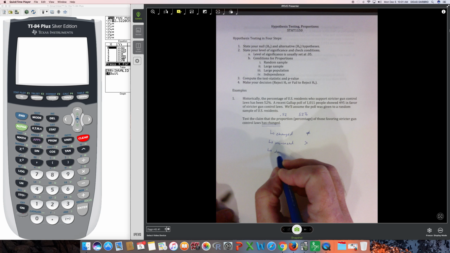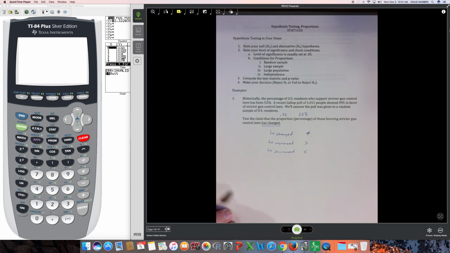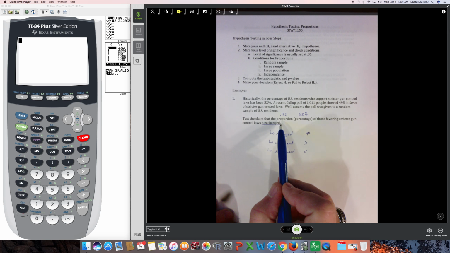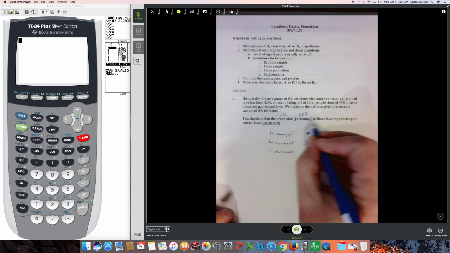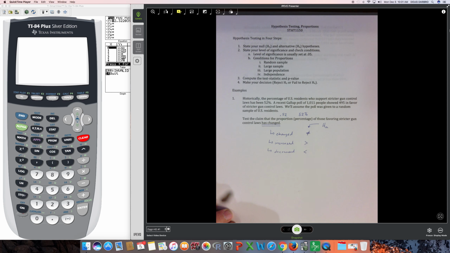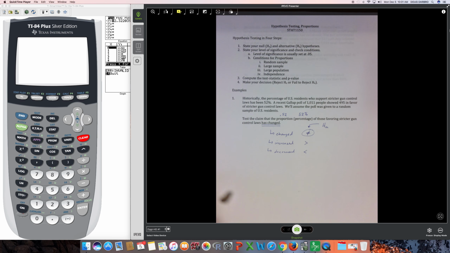And of course, it follows naturally that if we wanted to test it as decreased, then we would use less than. So we have to look at the wording in the problem to indicate what sign we use in our alternative hypothesis. So for this problem, it's just has changed, so it's not equal to.